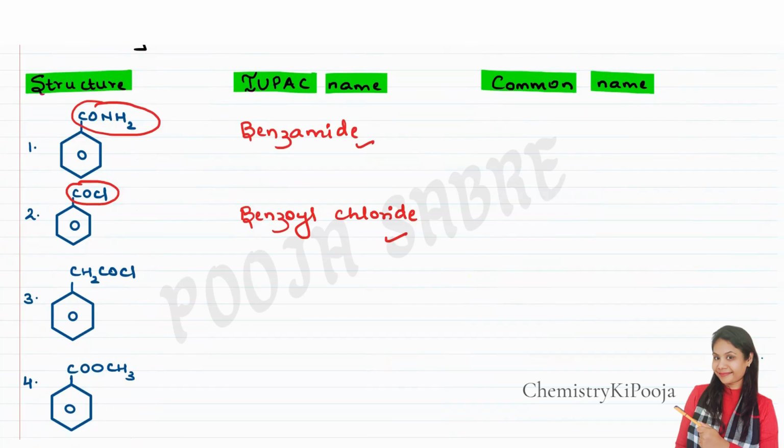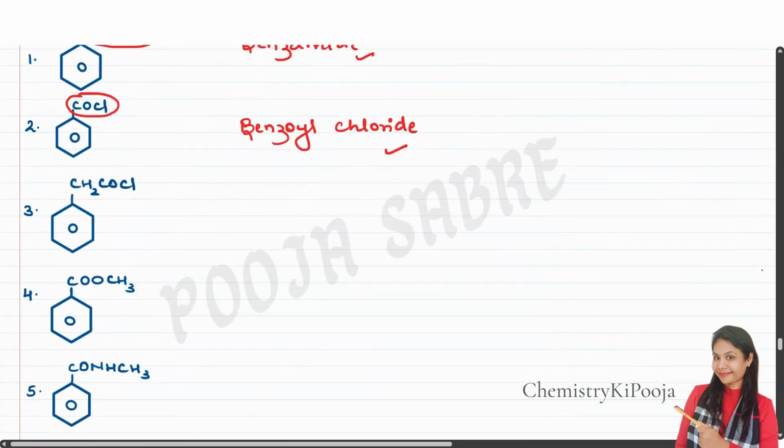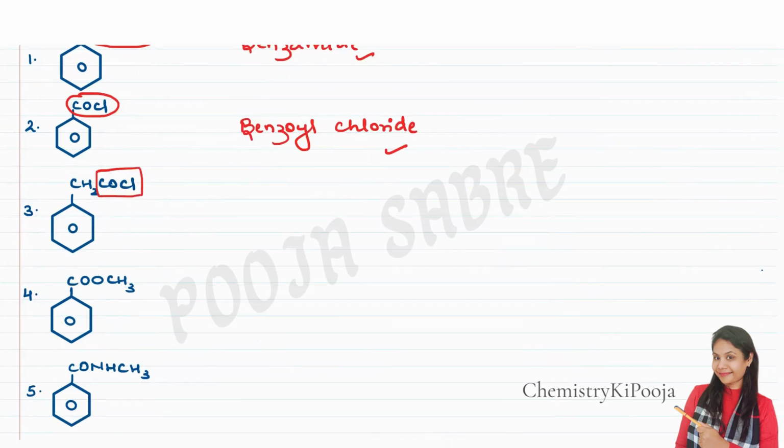Coming now to the third question. The third question is CH2COCl. Again we have an acid halide, acid chloride. Now here, the carbon chain will be the straight, longest chain, the parent. This will be the first carbon, the second carbon. Why this carbon? Because the functional group is attached to the first carbon. On the second carbon, I have a phenyl group. So 2-phenyl. In the chain I can see 2 carbons, so eth, an because of the single bond, and oyl.